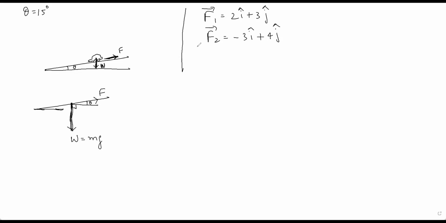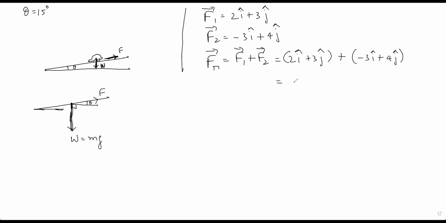If you add the two forces, to find the resultant force, what do you do? You add them. So resultant force is actually the vector addition of force 1 with force 2, right? Then you substitute the 2i cap plus 3j cap, add with the minus 3i cap plus 4j cap.